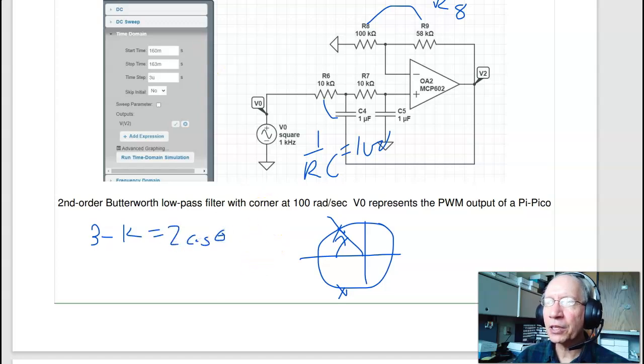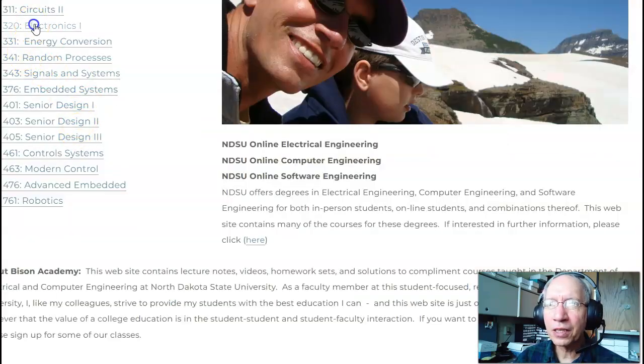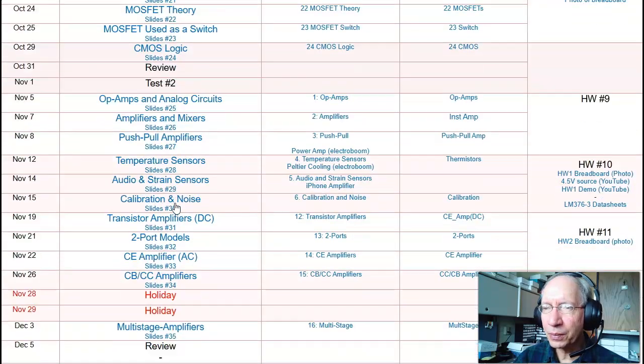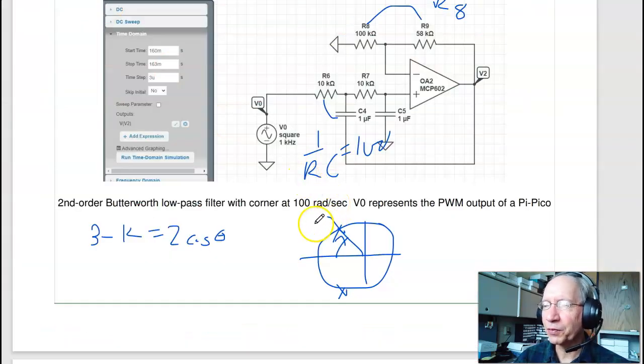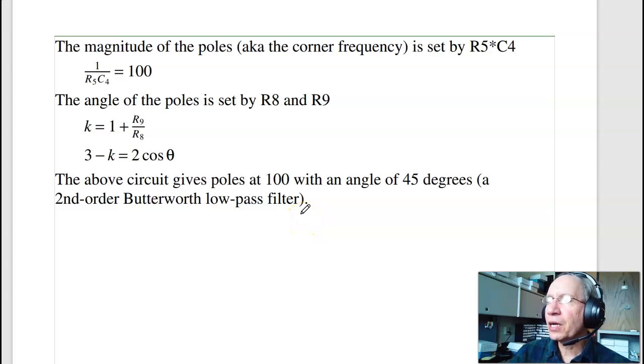If you forget how to do that, you can always go back to electronics, ECE 320. This is where we covered filters: filter designs, active filters, lecture number 36 in 320. Or just take it on faith in this class. So, if I want a filter with a corner at 100, that's 1 over RC.